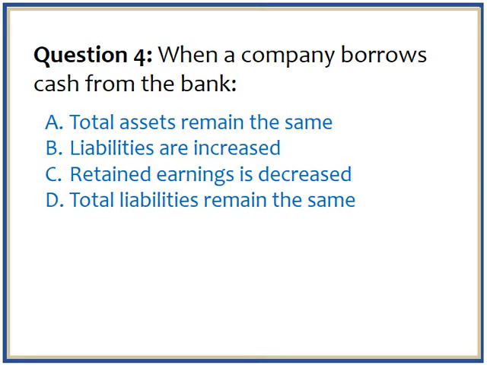The next question reads, when a company borrows cash from the bank, the choices are total assets remain the same, liabilities are increased, retained earnings is decreased, or total liabilities remain the same.